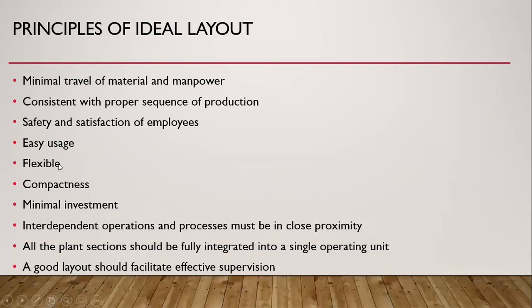There should be flexibility. It should be compact. There should be minimal investment, and interdependent operations and processes must be in close proximity. All the plant sections should be fully integrated into a single operating unit, and a good layout should facilitate effective supervision.